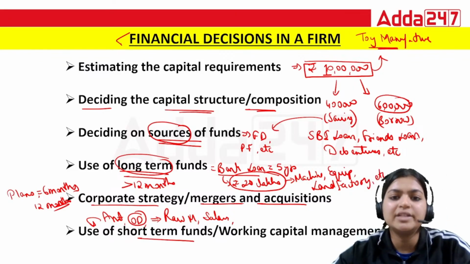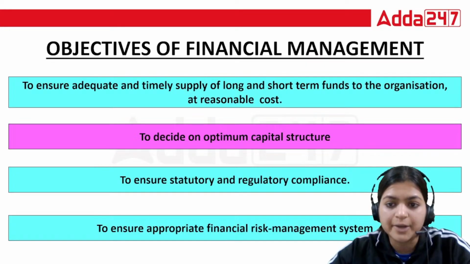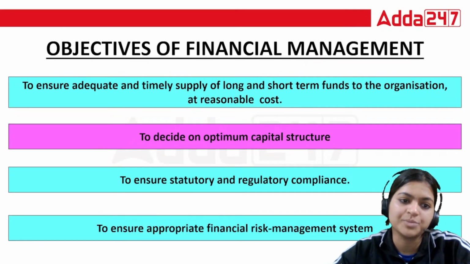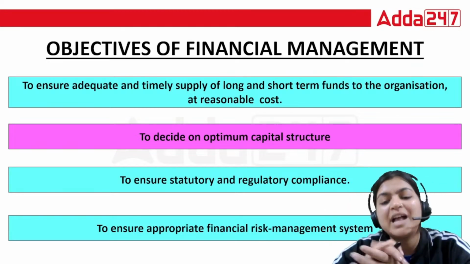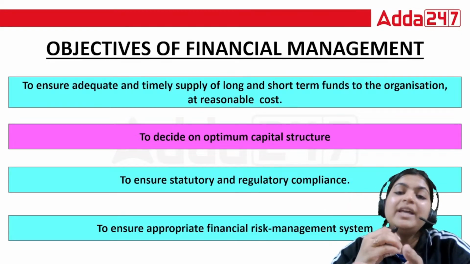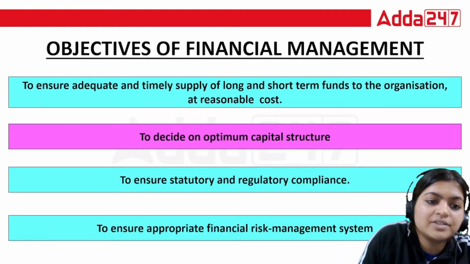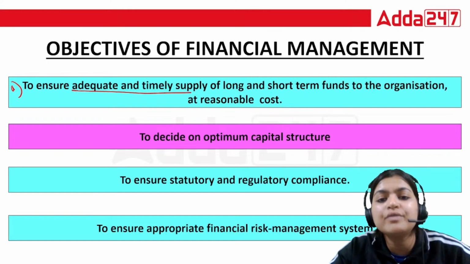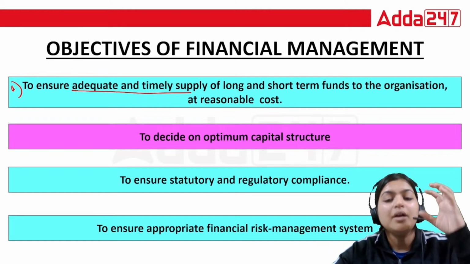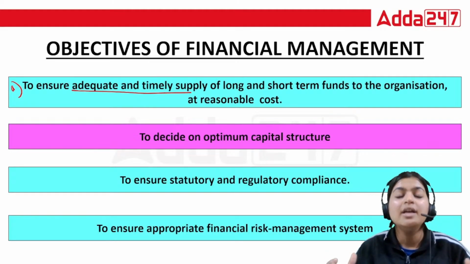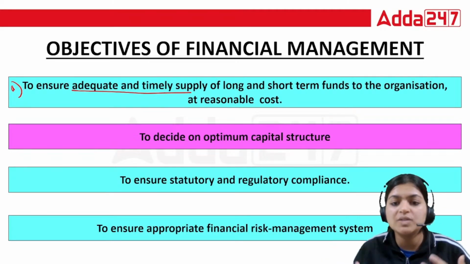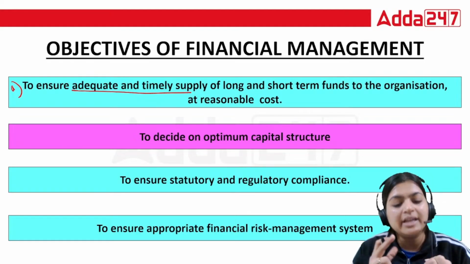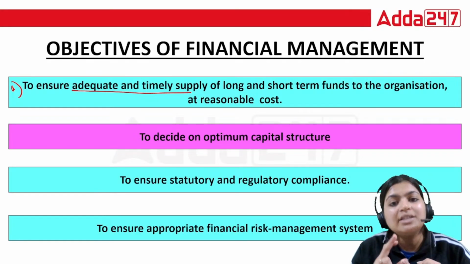So these are the financial decisions in a firm you need to take. Now, the next point is, what are the objectives of financial management? Why are we doing this financial management? What will it help you in? First is to ensure adequate and timely supply of funds. When you are arranging and identifying the sources, you will get the adequate amount on a timely basis.